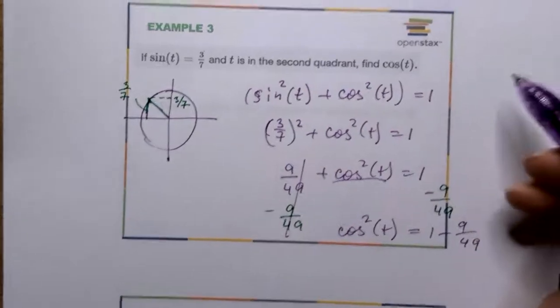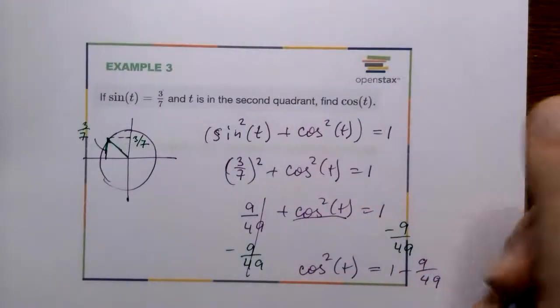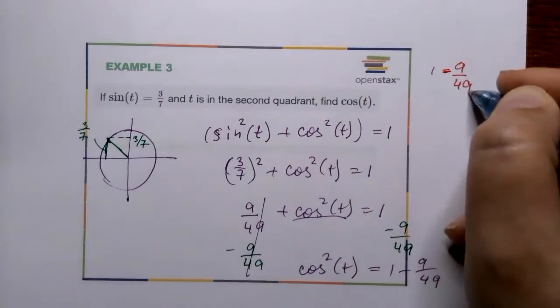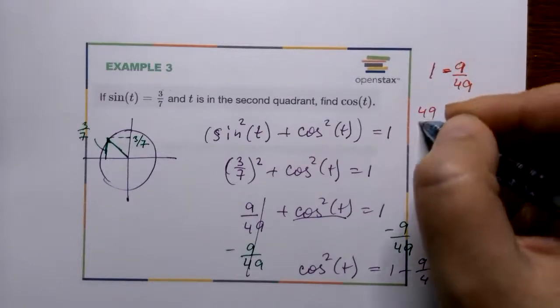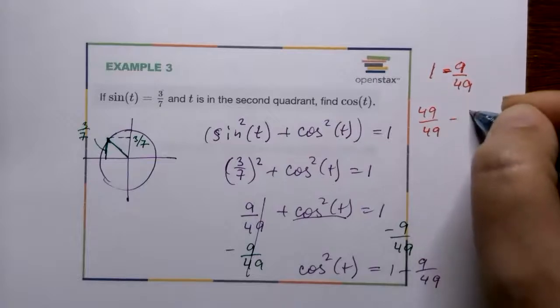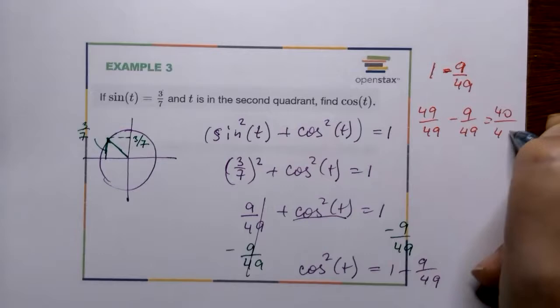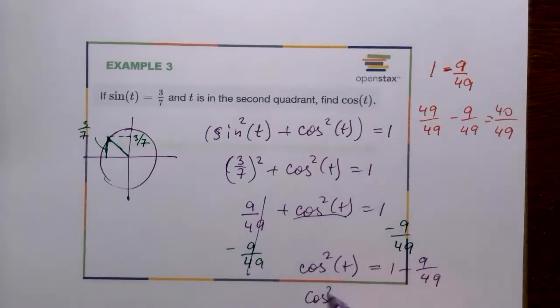So on the side here, I'm going to do this fraction calculation for you. First of all, I'm going to turn 1 into 49 over 49 and subtract 9 over 49. So that gives me 40 over 49. Okay, so cosine squared equals 40 over 49.